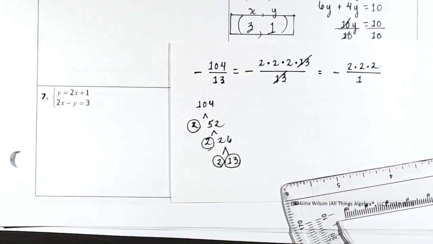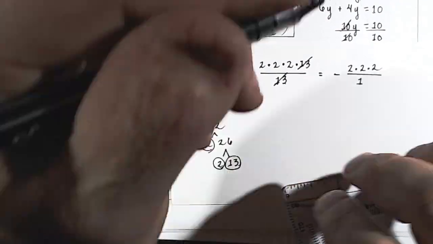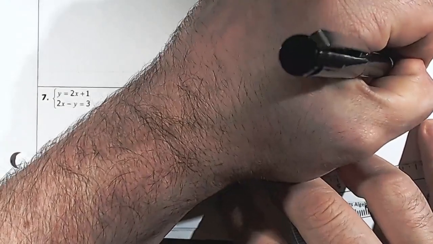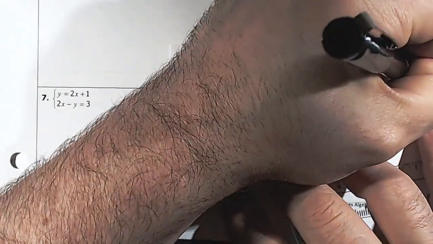So what's 2 times 2 times 2? Well, 2 times 2 is 4, and 4 times 2 is 8. So this reduces down to negative 8 over 1, and negative 8 over 1 is just negative 8.